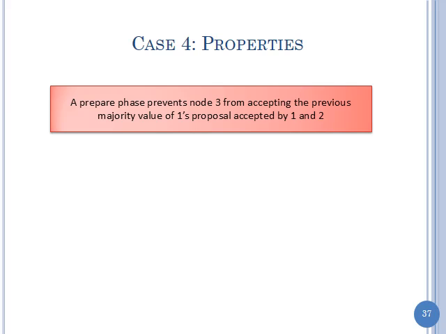So we'll create a prepare phase which prevents node 3 from accepting the previous majority value of 1's proposal accepted by 1 and 2. We'll make sure that the prepare message goes to 3 early enough so that it will not accept the majority value of 1 that 1 and 2 have accepted.